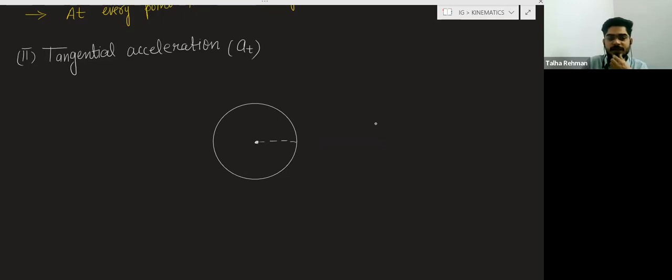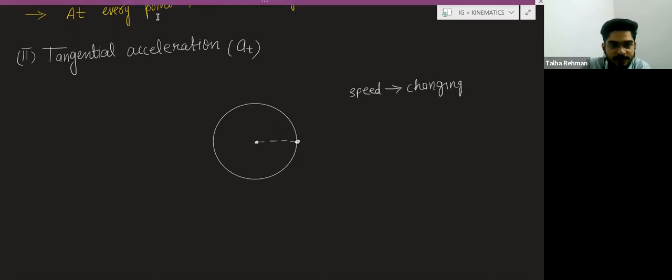This time there is a particle here and this particle is moving with a variable speed. Speed is changing.